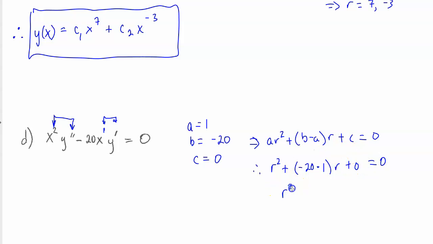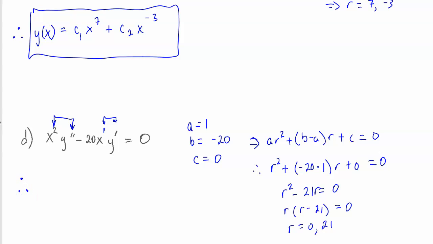And this is just r squared minus 21r equals 0. And of course, from here, if we factor out the greatest common factor, we just have r times r minus 21, which means that r is either equal to 0 or 21.